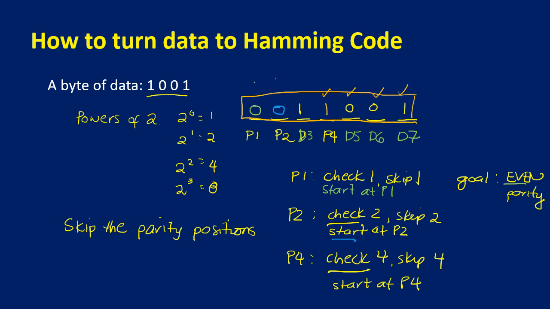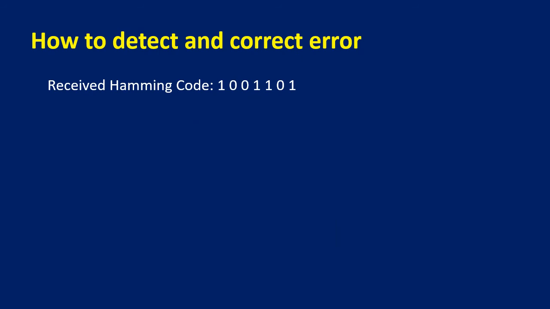Now, let's do the opposite. Suppose that we received this 7-bit Hamming code. We want to find the original code that was supposed to be transmitted. To do that, we first want to detect if there is an error and correct it.